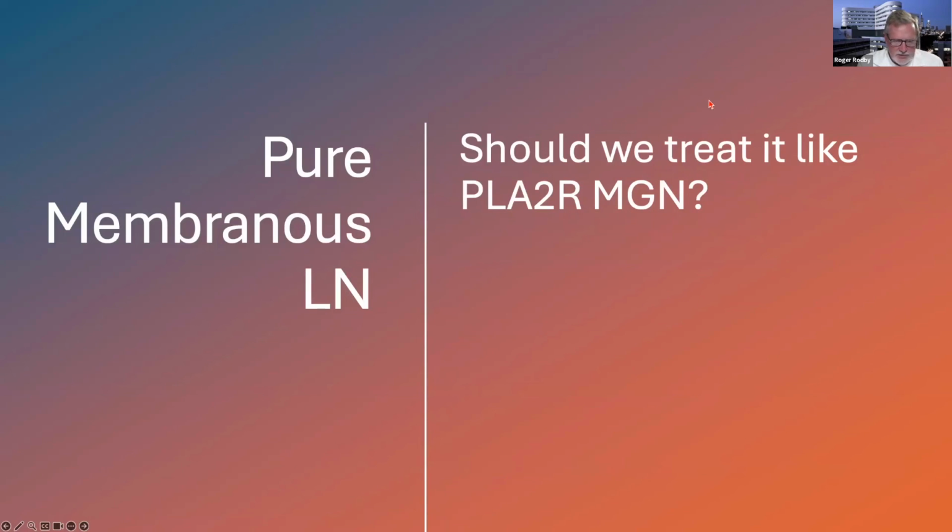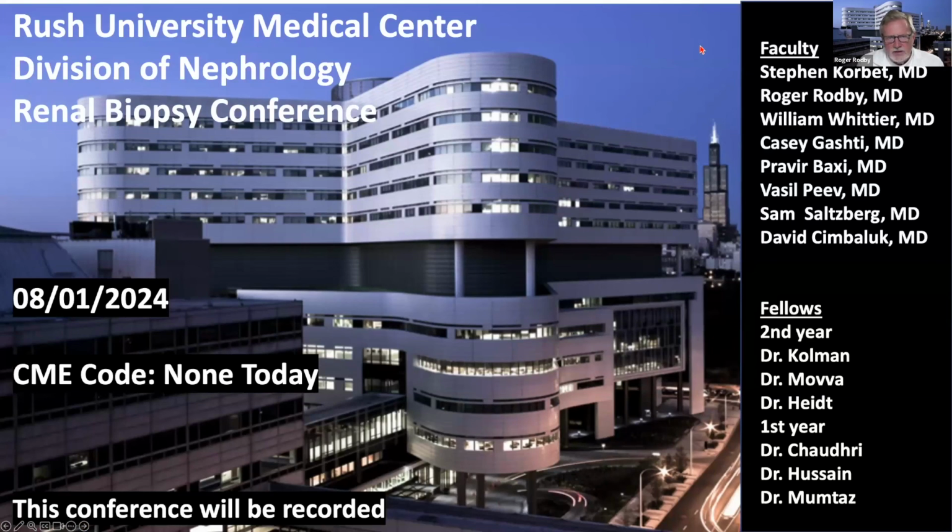He says the literature is to use MMF, and you can't argue with any of this. I think that CNIs are kind of falling out. People talked about voclosporin in the chat. I'm not a big fan of that approach. I would want to attack this immunologically and not just with voclosporin, but that's always a possibility. I think there's not much evidence that it's really been tested as an add-on agent anyway.